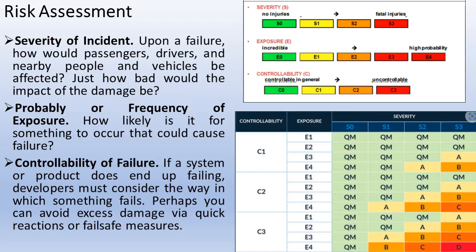Controllability of failure: if a system or product does end up failing, developers must consider the way in which something happens. Perhaps you can avoid excessive damage via quick reactions or fail-safe measures. So the product of controllability, exposure, and severity, as you can see in this table, will clearly give you the automotive safety integrity level. Depending upon the ASIL level, whether it is ASIL A, B, or D, you formulate the safety goal.